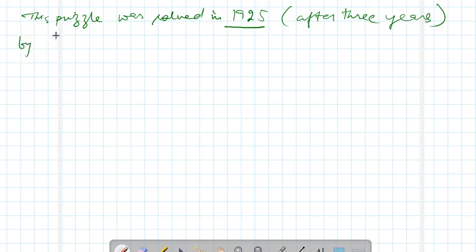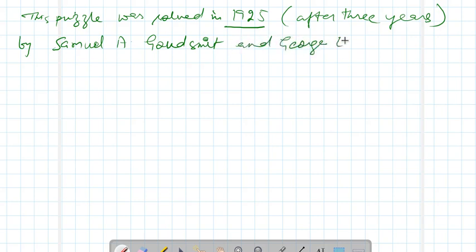Samuel A. Goudsmit and George E. Uhlenbeck, these are the 2 scientists who tried to solve this puzzle.